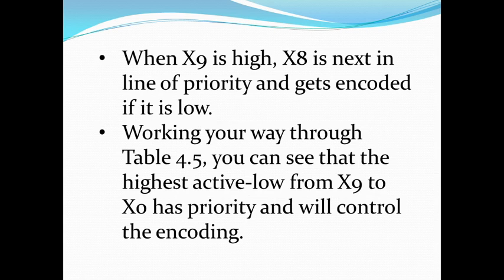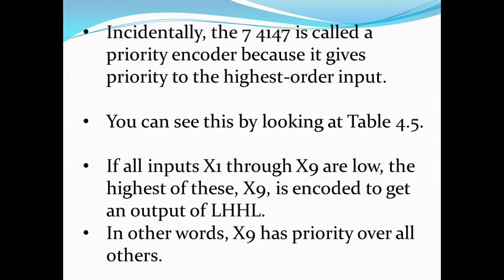That means you get the encoded BCD output corresponding to X8. Working your way through Table 4.5, you can see that the highest active low input from X9 to X0 has priority and will control the encoding.